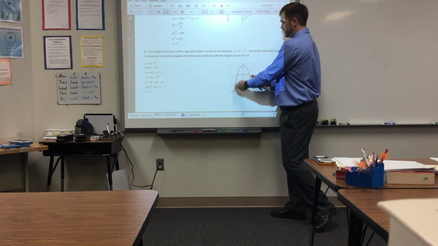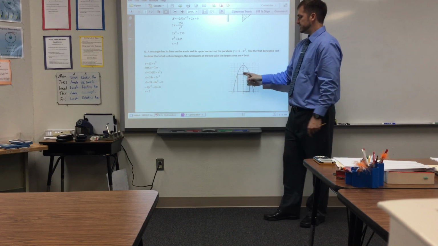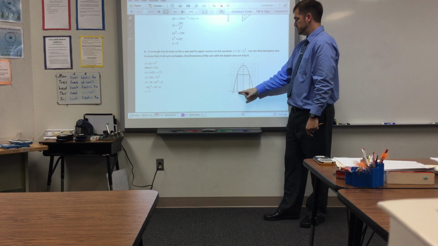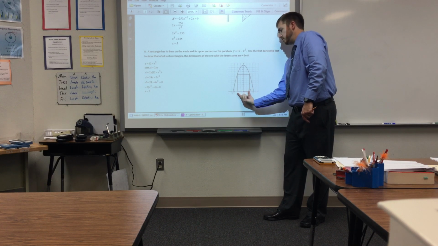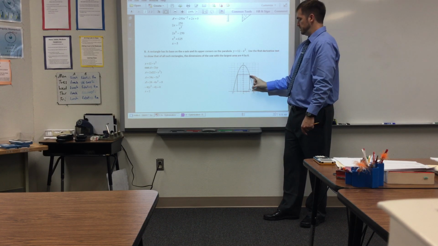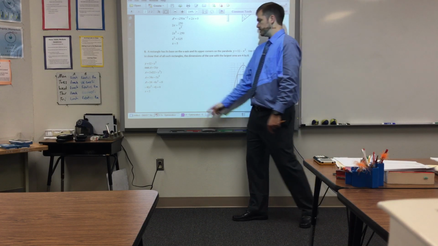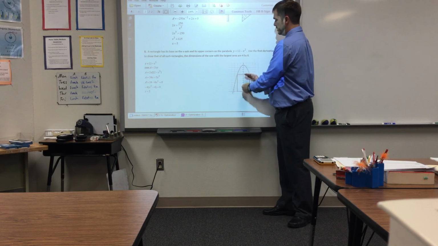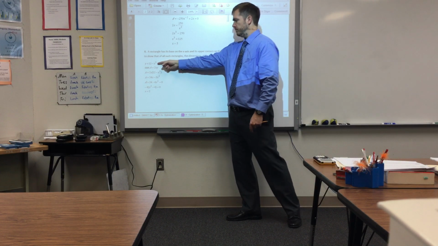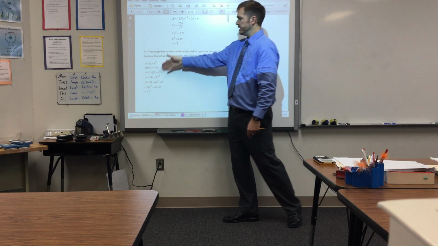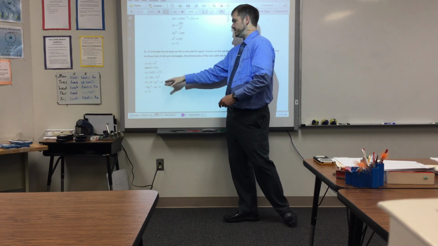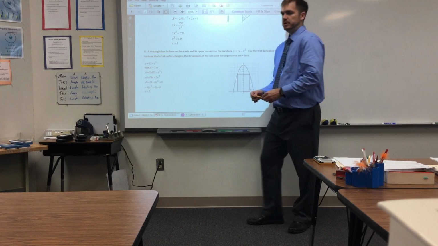We want to maximize this rectangle, so that's going to be 2x, because this kicks out x, so the whole width here would be 2x by y. That's what we want to maximize. We want to maximize that area, and then right here, y equals 12 minus x squared. That's your constraint equation. You can plug that in, find the derivative, set it equal to 0, and find your maximum.